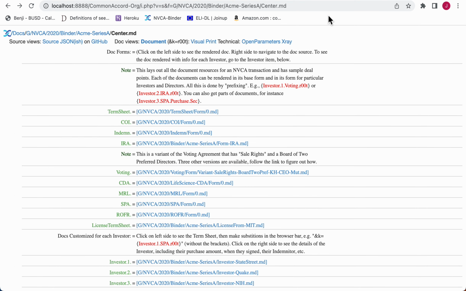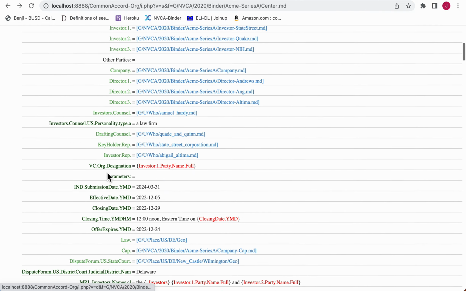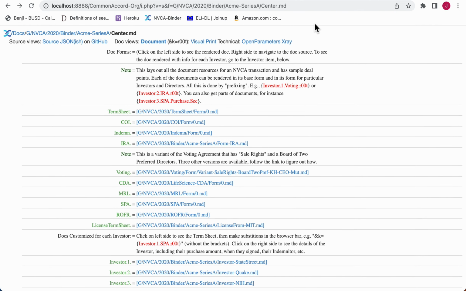We think that for the enterprise, this allows an easy way to instantiate a new set of documents for a venture deal by forking the repo and filling in their own information, working through all the issues that they need to work through in however conventional way they would, including with the advice of their lawyers.